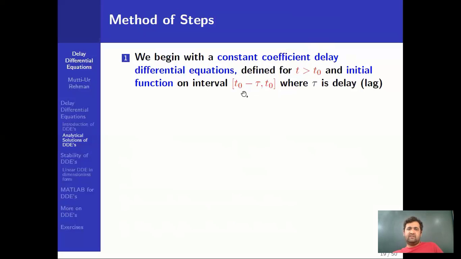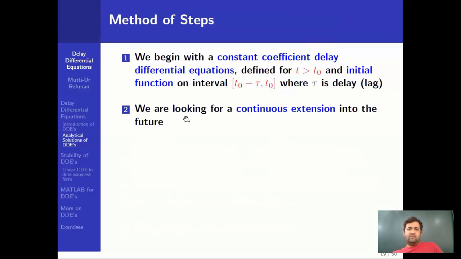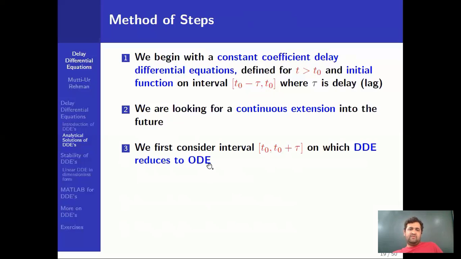So these are the past values. Since we are interested in a continuous extension into the future, first we consider this particular interval, t naught plus tau.